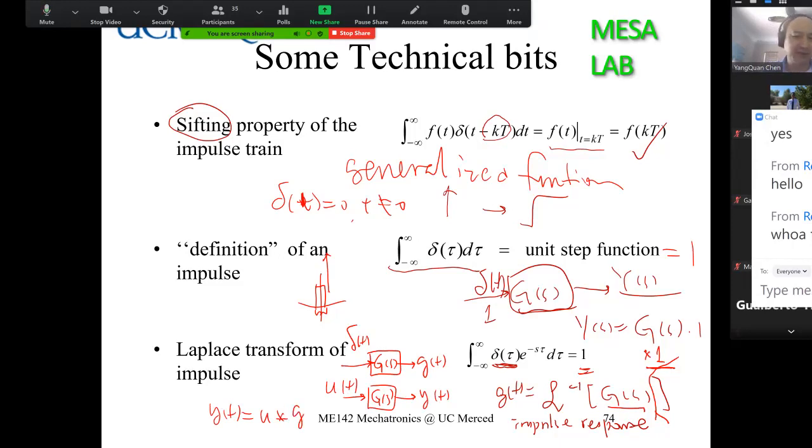That's simple, right? Or you can say Y of s is U of s times G of s, okay? And the convolution law in the Laplace transform property list is exactly the same. If you have two functions convolved with each other, then in the transformed domain it is their product.